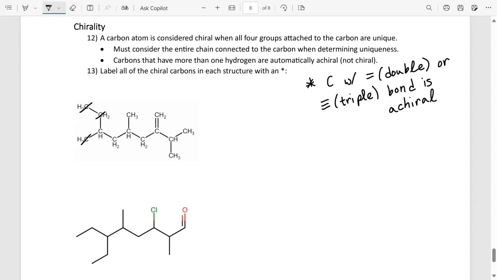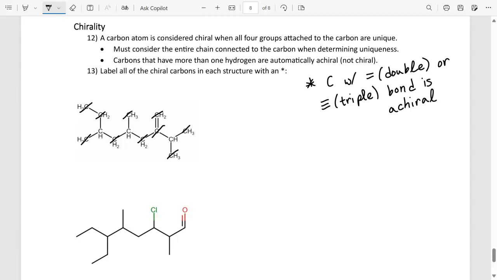This carbon has 2 hydrogens, as well as this one and this one, 2 hydrogens, 3 hydrogens, and 3 hydrogens on those. So all of those are automatically eliminated just because of the number of hydrogens. I can also eliminate this carbon because it has a double bond. Okay, so there's only 3 possibilities to even have chiral carbons.